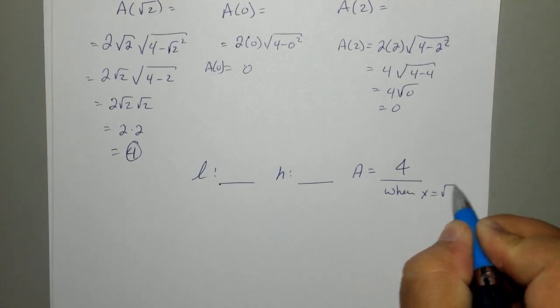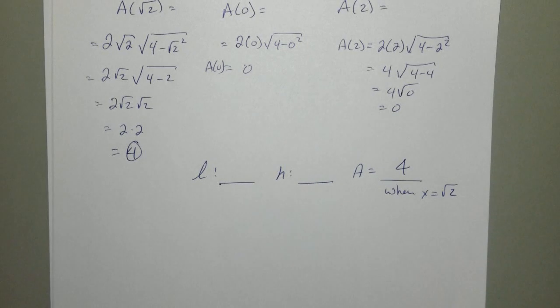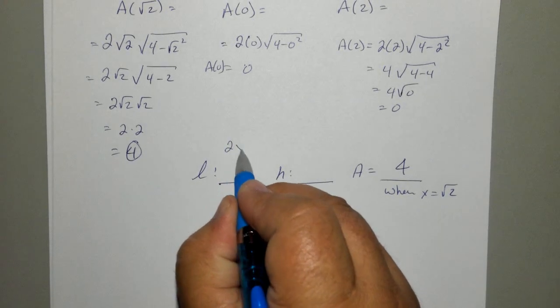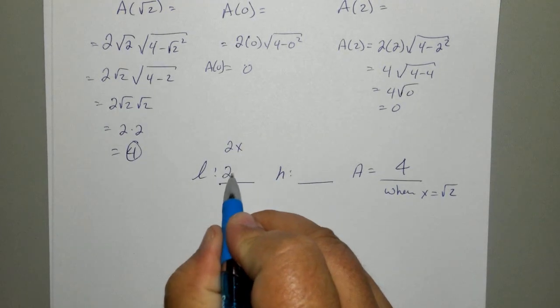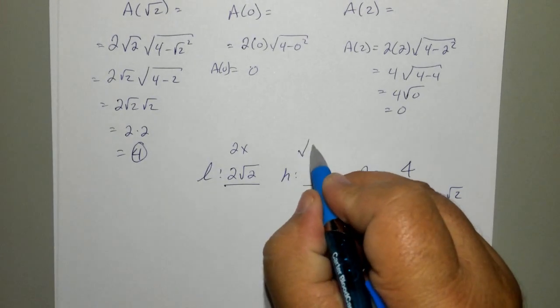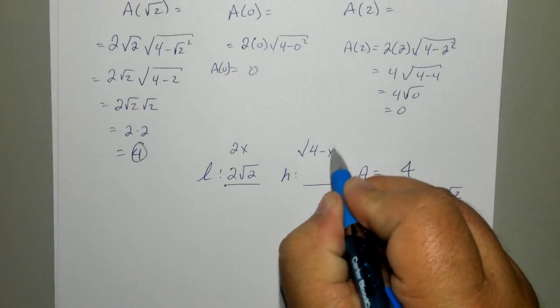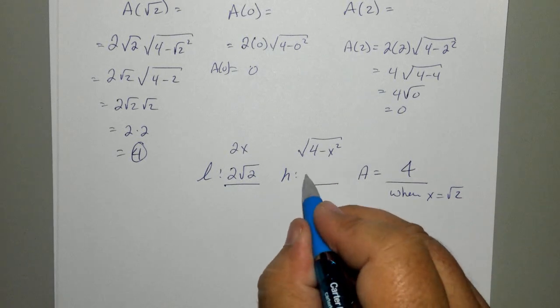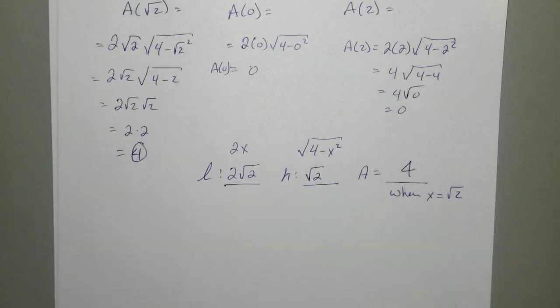When x equals radical 2. The length, remember its formula was 2x. So it's 2 radical 2. The width is radical 4 minus x squared. So it's radical 2. And the area is 4.